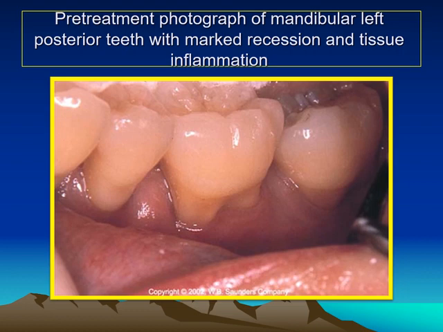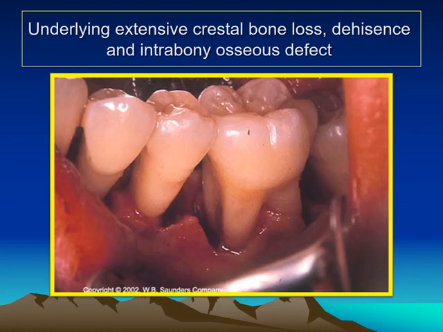This is a pre-treatment photograph of mandibular left posterior teeth with marked recession and tissue inflammation. This case was treated by the combined technique using an osteoinductive bone graft, which is DFDBA, plus the Gore-Tex membrane representing guided tissue regeneration. After flap reflection, we can notice the underlying extensive crestal bone loss, the dehiscence, and the intrabony osseous defect.